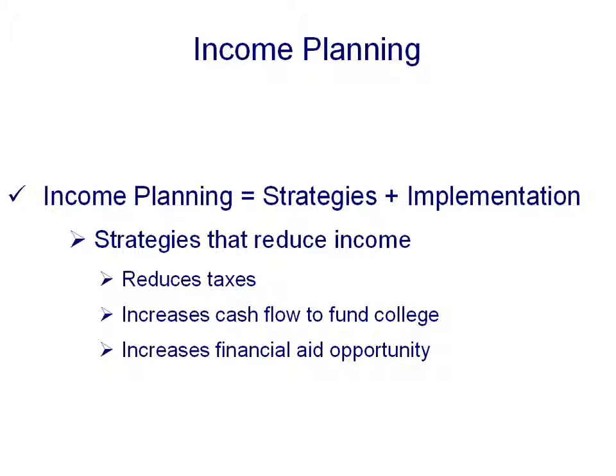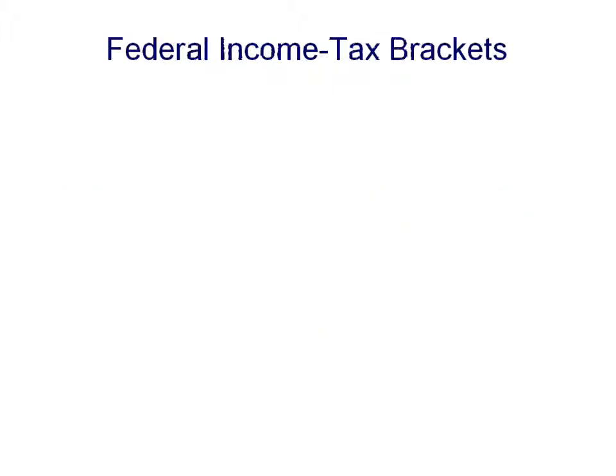But basically what he showed you was strategies to reduce income, which reduces taxes, which increases cash flow to pay the college tuition bill. Alternatively, it also increases your financial aid opportunity for the family, which can cut the net out-of-pocket cost of the tuition bill even further using financial aid.